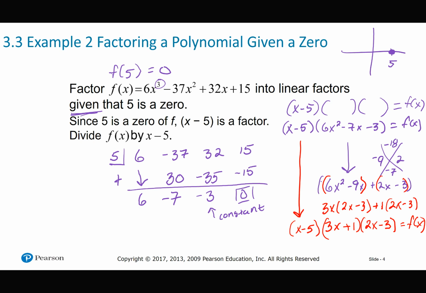So factoring this big long 6x cubed into linear factors, when they tell me one of the zeros, great. Now I can build this quadratic. I still have to factor this quadratic to get two binomials. My two binomials are 3x plus 1 and 2x minus 3.